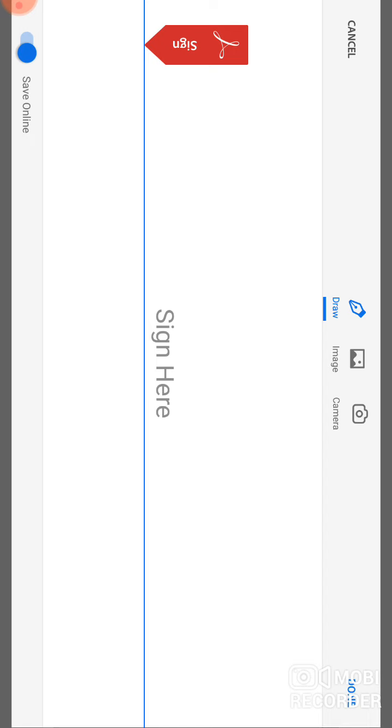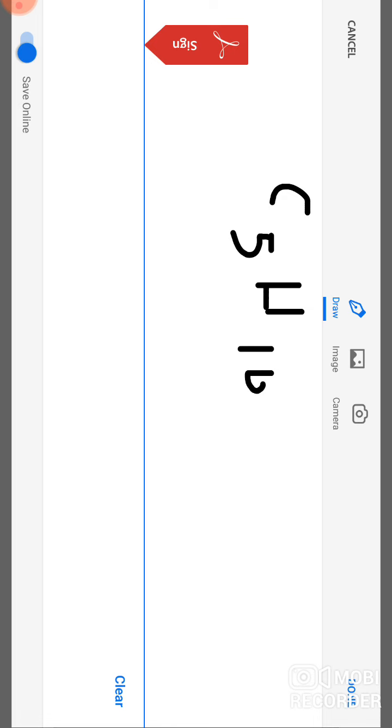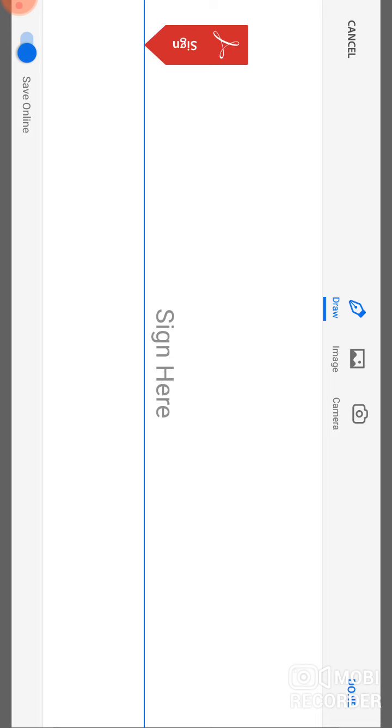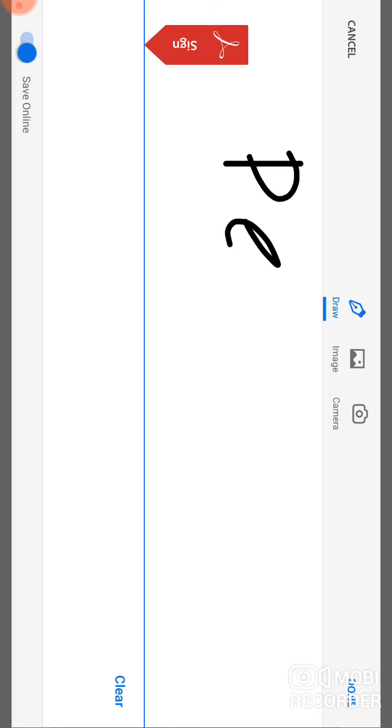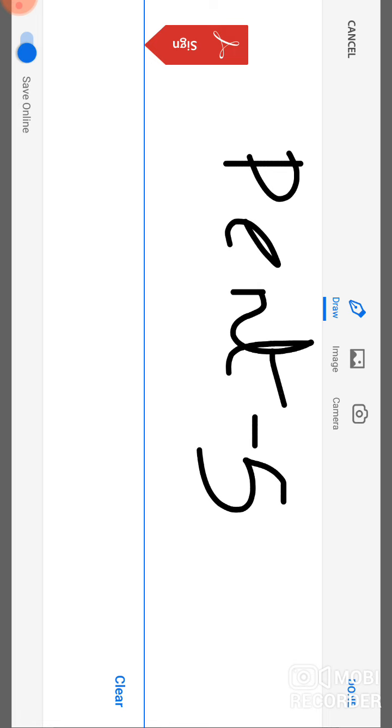So the pentose sugar, I will be writing the chemical formula: C5H10O4.